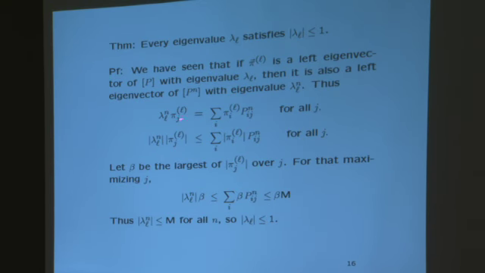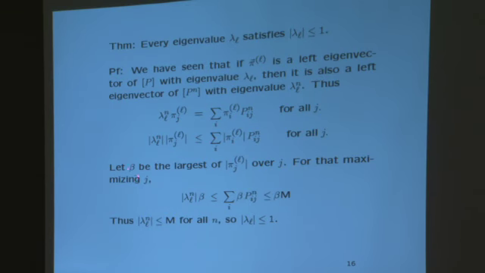So if we start out with lambda to the n, let's forget about the L's because we're just looking at a fixed L now. Lambda to the nth power times the jth component of pi is equal to the sum over i of the ith component of pi times Pij to the n, for all j.